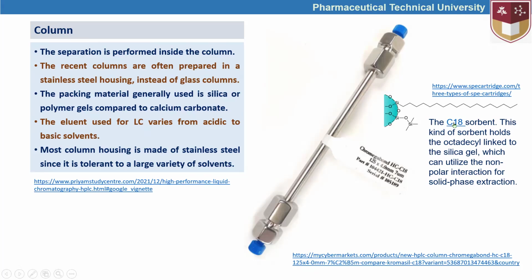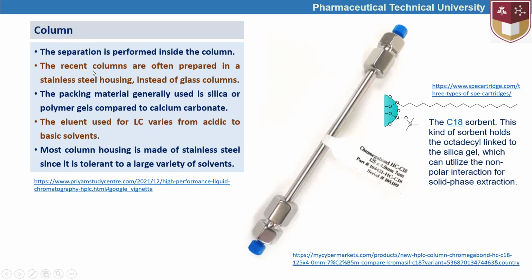Silica gels are linked with octadecyl derivatives, so they are provided with the ability to hold compounds with a higher hydrophobic nature for a longer time. This is why silica gel is provided with C18 tails. They provide nonpolar interactions, as in solid phase extraction.